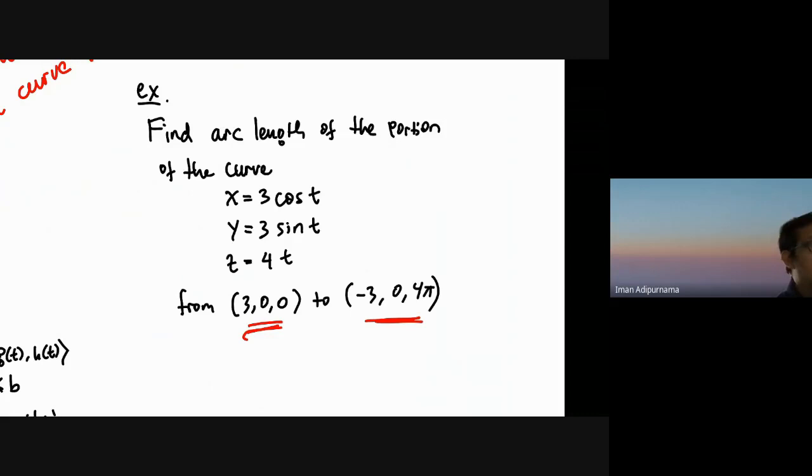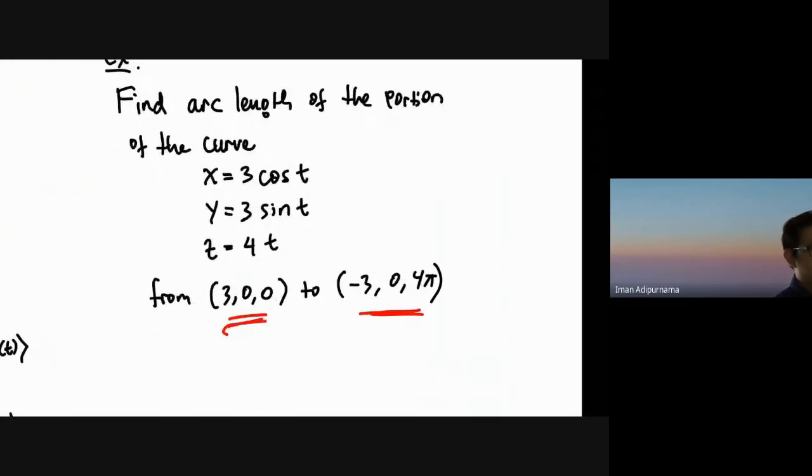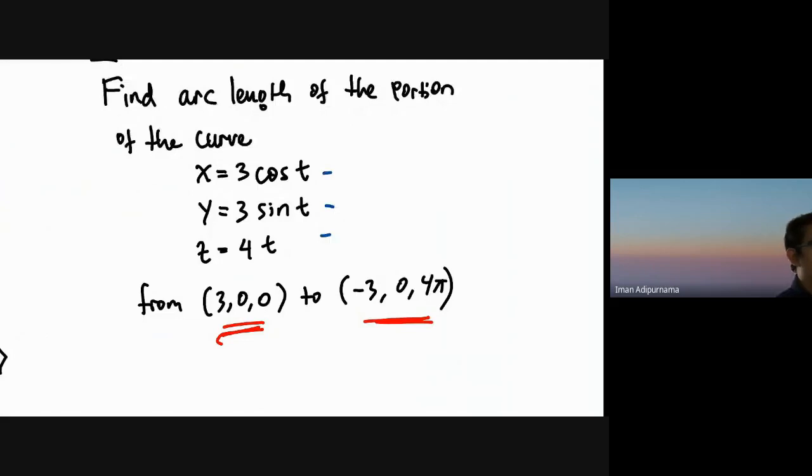Because I believe the calculation for integrations and derivatives will not be too much of a problem, but the problem is more to be familiar with the system. So if you see the point here, and you have these parametric equations, what you need to do is find which t is applicable in this situation, right?